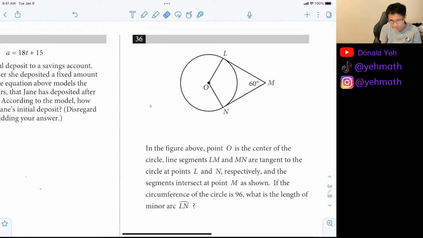Gonna deal with these because in AP, let's see if anybody has enough strength for this one.